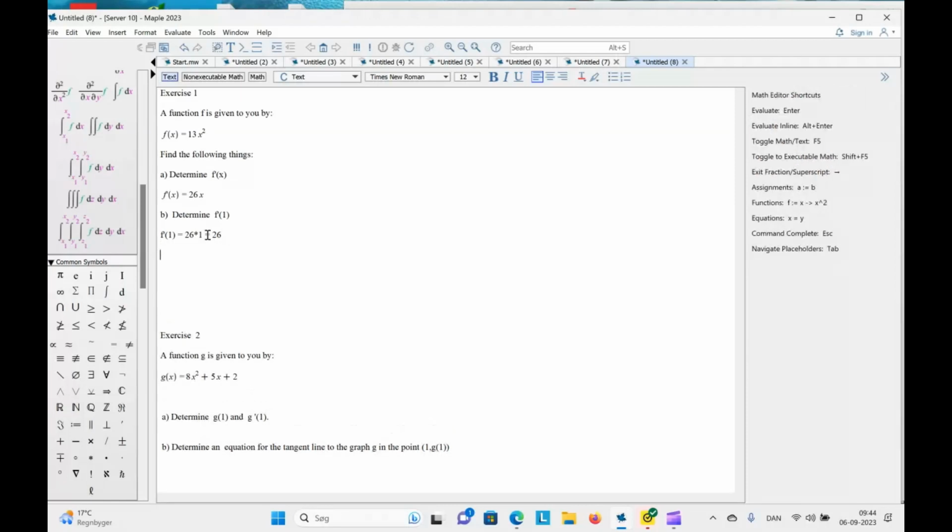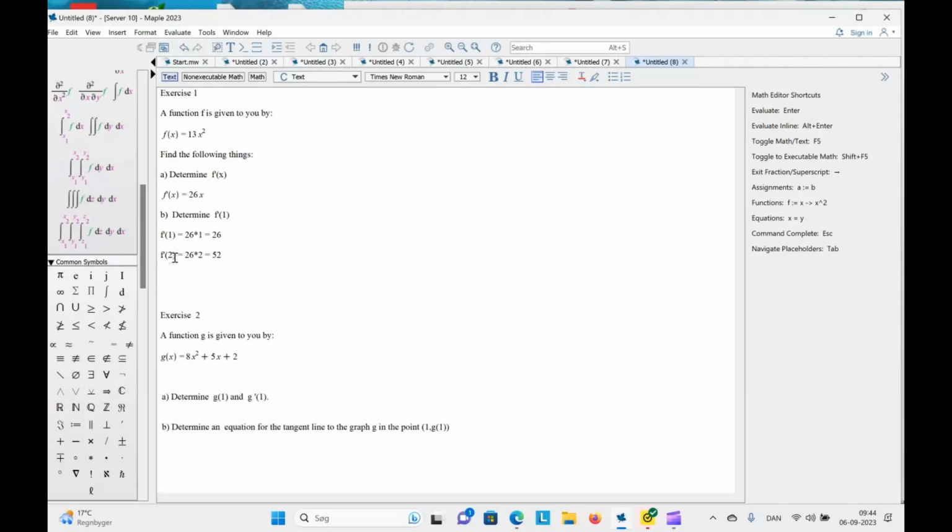In the case we were given if x were 2, it will be 26 multiplied by 2, which is 52, sorry. And that's just plain simple. The numbers that are given, we had to put into the x part, or the x variable. Then we have a second exercise.